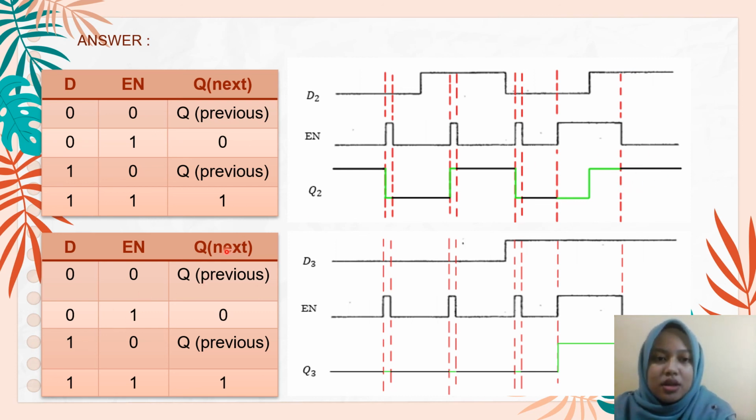And for the last, D is 0, 0, 1, 0, 0, 1, 0, and 0, 1, 1, 0, and for this 1, 1, 1, 1, D1 enable 1, output becomes 1. For this same box, D1 and enable 1, output becomes 1.